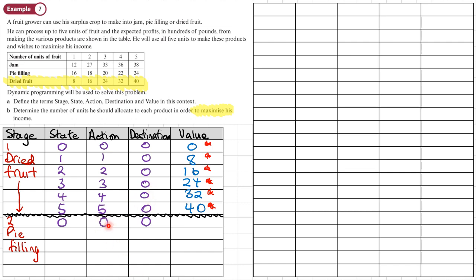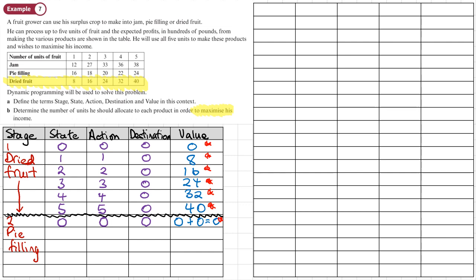So if there's no action, that's going to be a cost of, or value of 0, plus passing on 0 to the next state, we want to find a maximum value, and that's the starred value there, which is 0. So 0 plus 0 is going to give us 0. Okay, so that is going to be the only value for a state of 0 in stage 2. So that's going to be an asterisk.